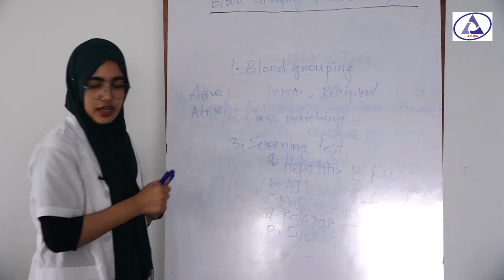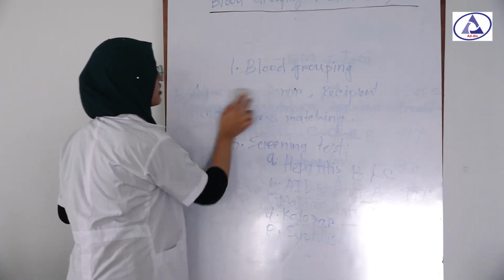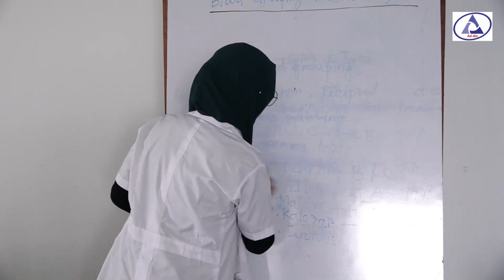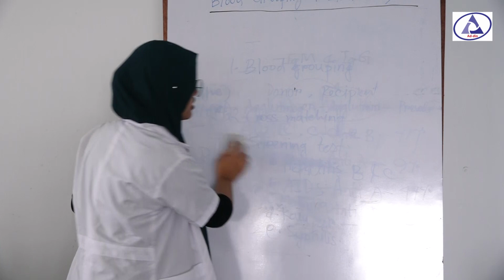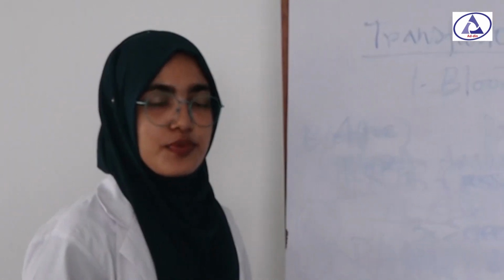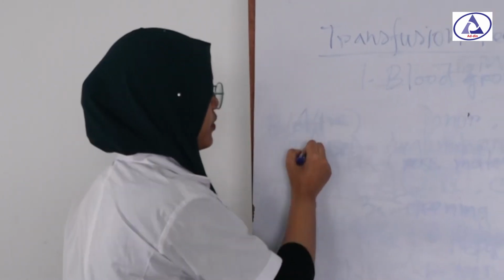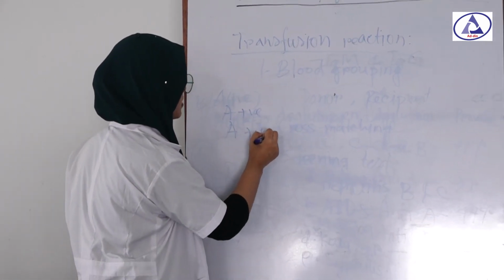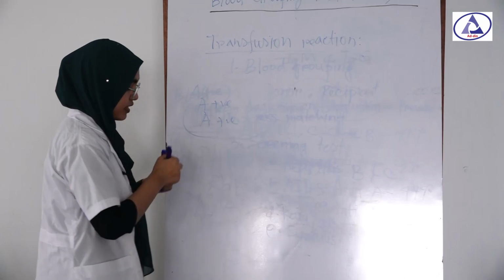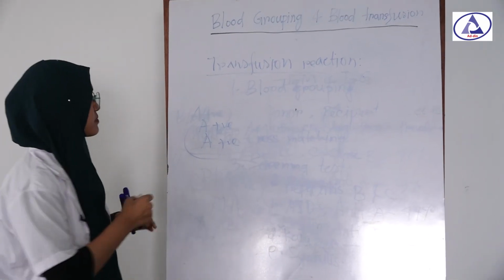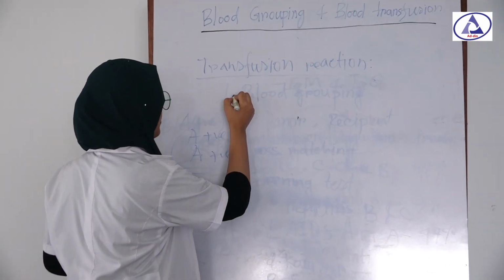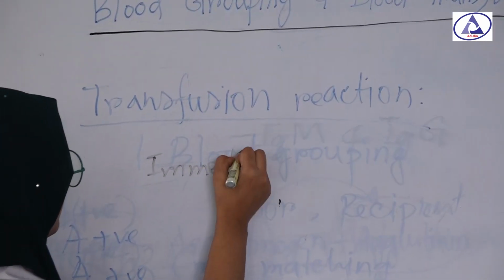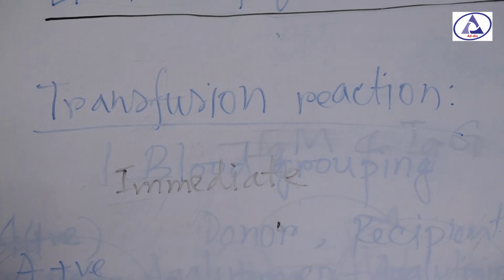Okay, but by doing this, there may be a reaction. Transfusion reaction. There may be a transfusion reaction even in case of matched blood group. Like if I give A positive blood to an A positive blood group person, there may be a reaction. The reaction may be immediate and maybe delayed.